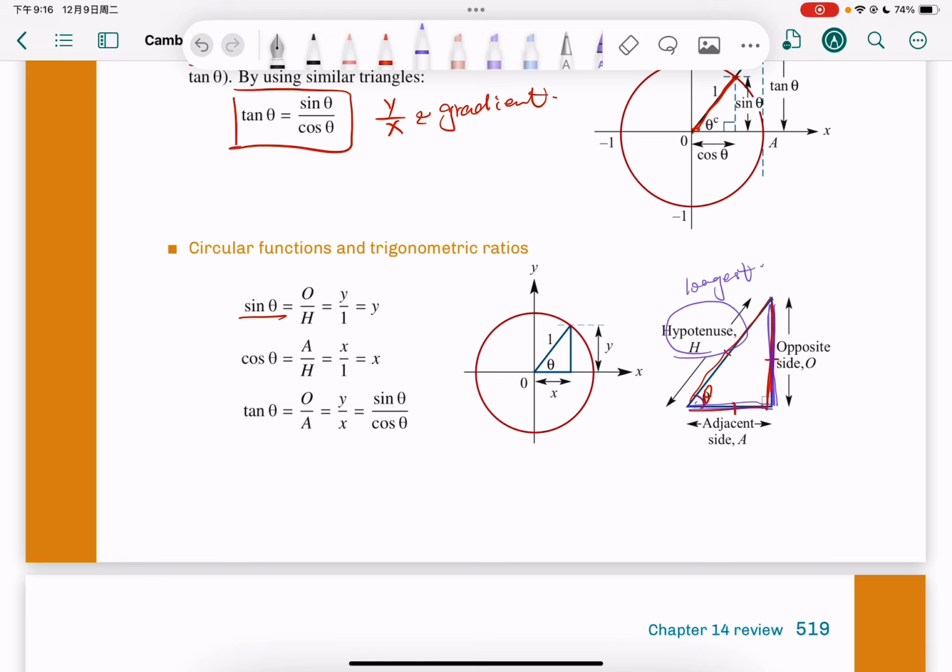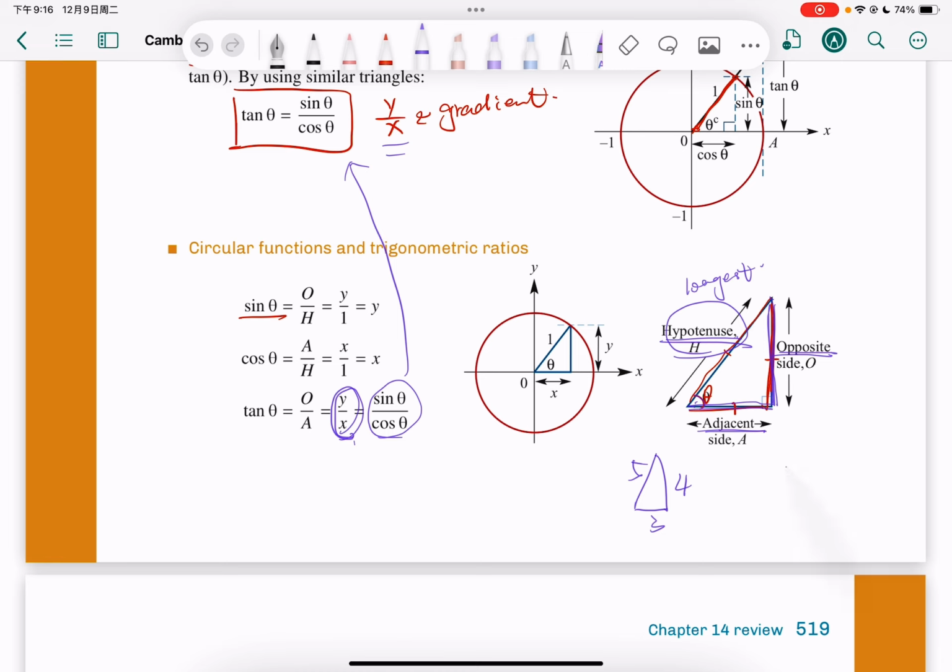So sine is equal to opposite divided by hypotenuse, cos is equal to adjacent divided by hypotenuse, and tangent is equal to opposite divided by adjacent. Or we can say y divided by x, or sine over cos, which is from this definition. This is definitely something you should remember. A very typical triangle is 3, 4, 5.